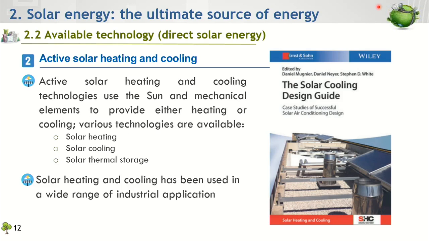Then for the active solar heating and cooling technology, these are technologies that use the sun and mechanical elements to provide either heating or cooling service. Presently, various technologies are available, which include solar heating, solar cooling, and thermal storage technology.